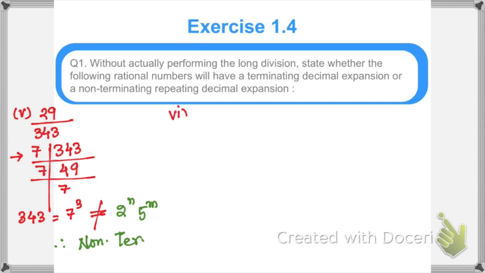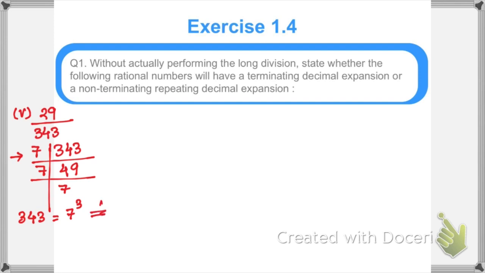question number 6. You have been given 23 by 2 cube into 5 square. So here, since this is the denominator and this denominator is of the form 2 to the power n 5 to the power m, here the denominator is of course of the form 3 is equal to 7 cube.